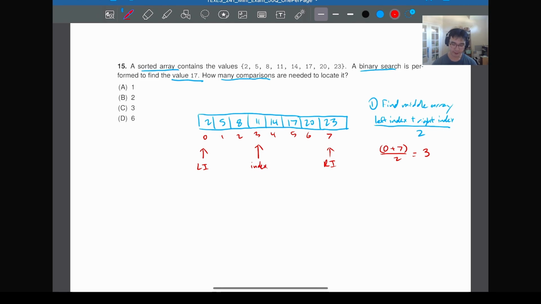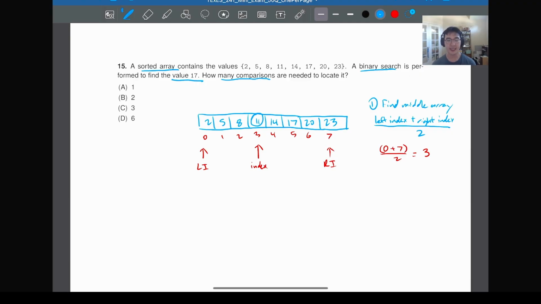Then you ask yourself, is that the value I'm looking for? Is that 17? No, it's not, right? Is that number smaller or larger than 17? Well, that value 11 is actually smaller than 17. So what does that tell you?